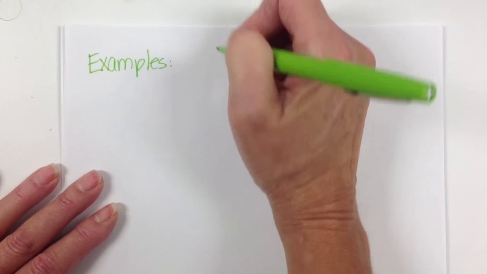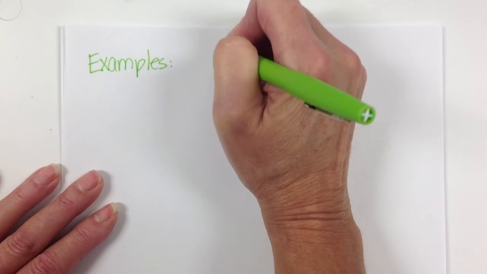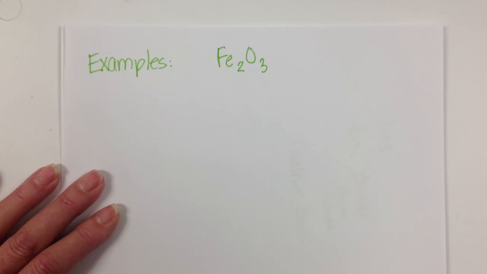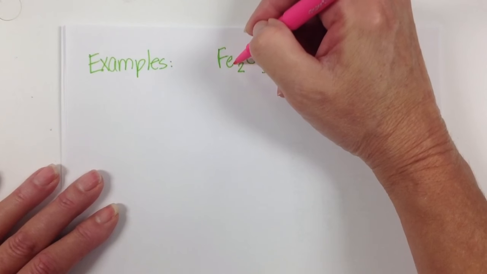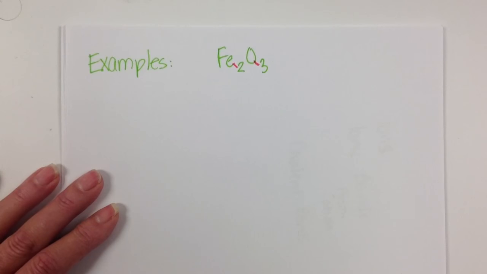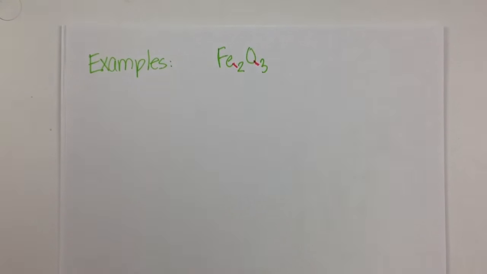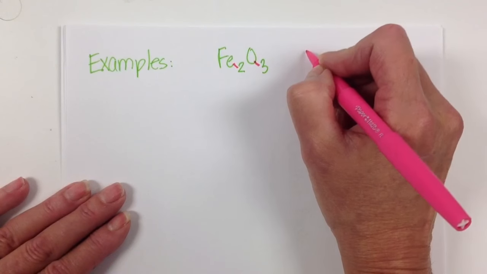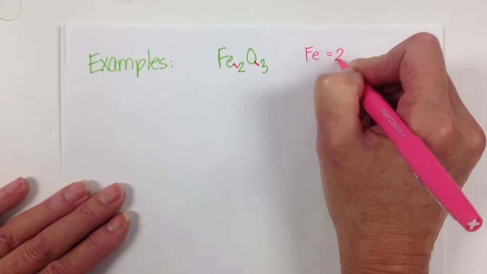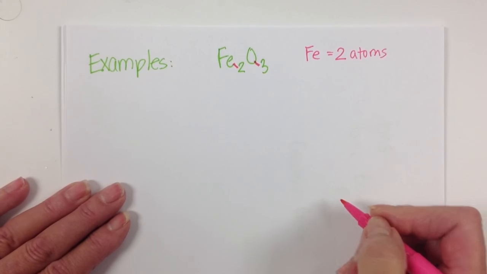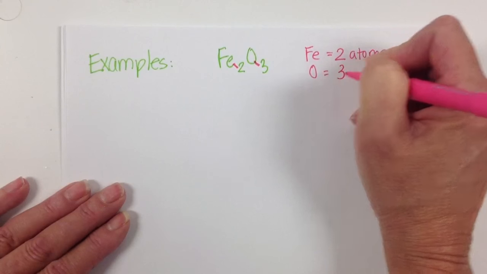All right, let's do rust again, or iron oxide. So we have Fe2O3. That's our compound. So this subscript goes with my Fe, or iron, and this subscript goes with my oxygen, meaning that if I were to look at interpreting this information, I have Fe equal to 2, so I have 2 atoms of iron, and I have oxygen, 3 atoms.